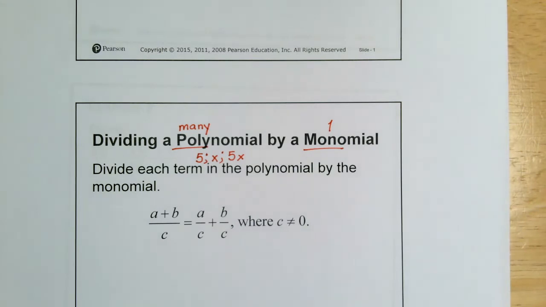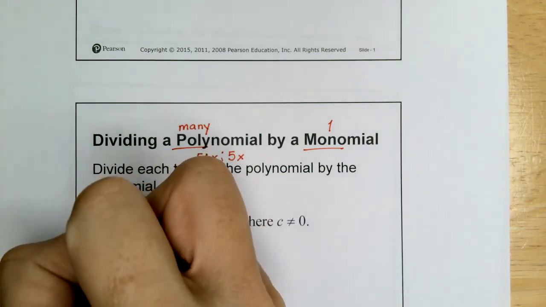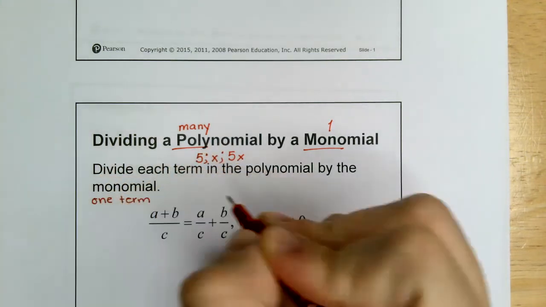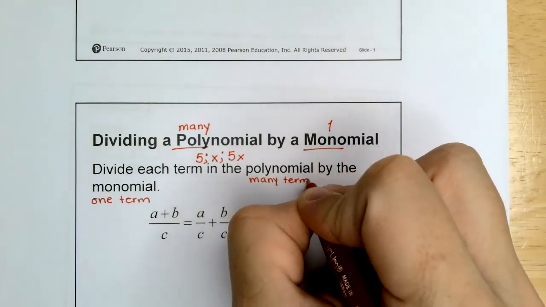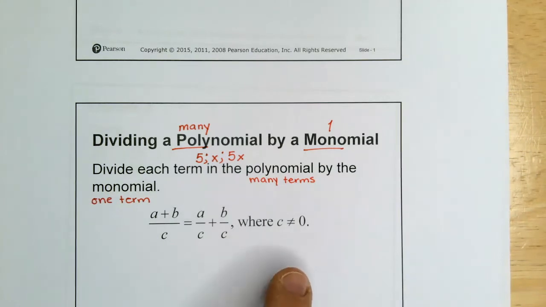So a monomial has one term. Many. And c cannot be 0 because if we divide by 0, it would be undefined, and then it's not a real solution, right?